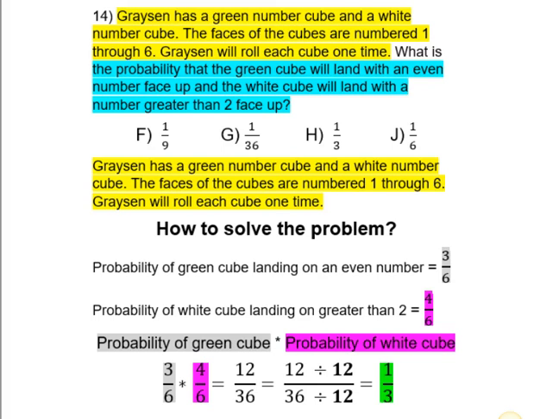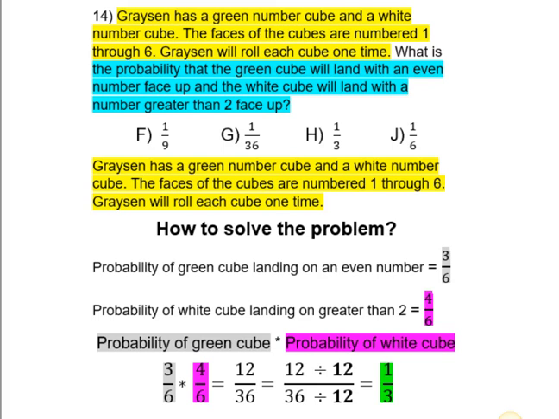How do we solve the problem? First, we have to find the probability of the green cube landing on an even number. We know that the faces of the green cube are 1 through 6 and that there are 3 even numbers between 1 and 6: 2, 4, and 6.